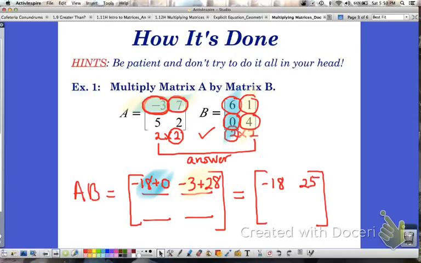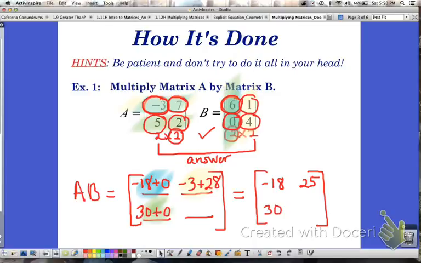All right, I'm going to keep going, but now I've exhausted row 1 of matrix A, so I'm going to go to row 2, and I'm going to say row 2 times column 1 is going to go in this spot right here. So 5 times 6 is 30 plus 2 times 0, which is 0. 30 plus 0 is 30.